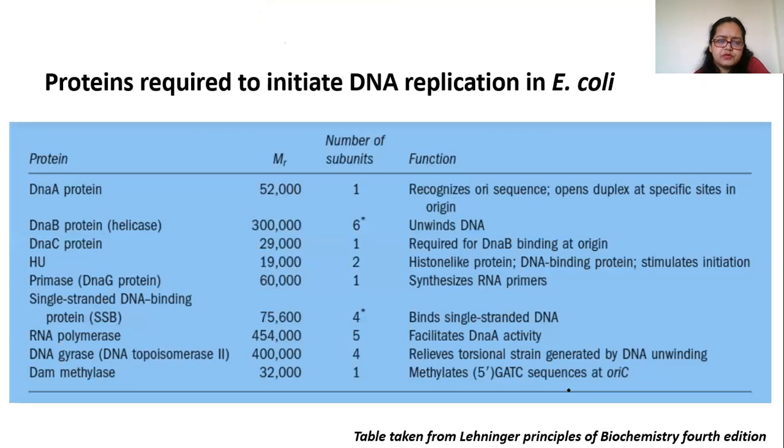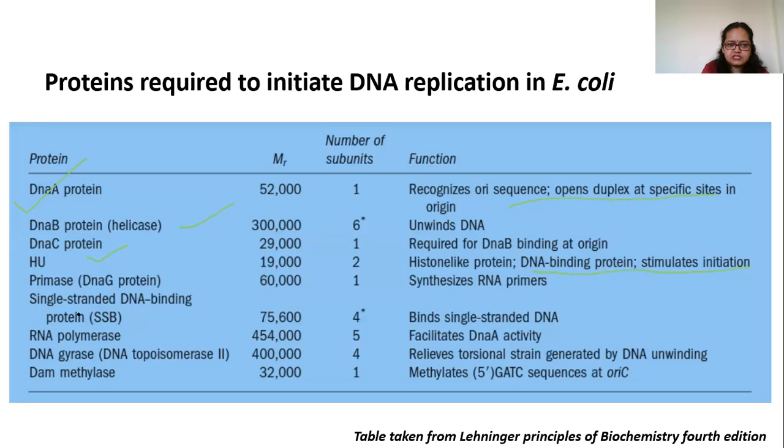Now, these are the different proteins required to initiate DNA replication in E. coli. I have already explained the function of these different proteins and enzymes. Let us recall: DnaA protein recognizes the ORI sequence and opens the duplex at specific sites. DnaB helicase unwinds. DnaC protein helps DnaB to bind to the unwound region of DNA. Then HU is a histone-like protein, a DNA binding protein, and stimulates initiation.